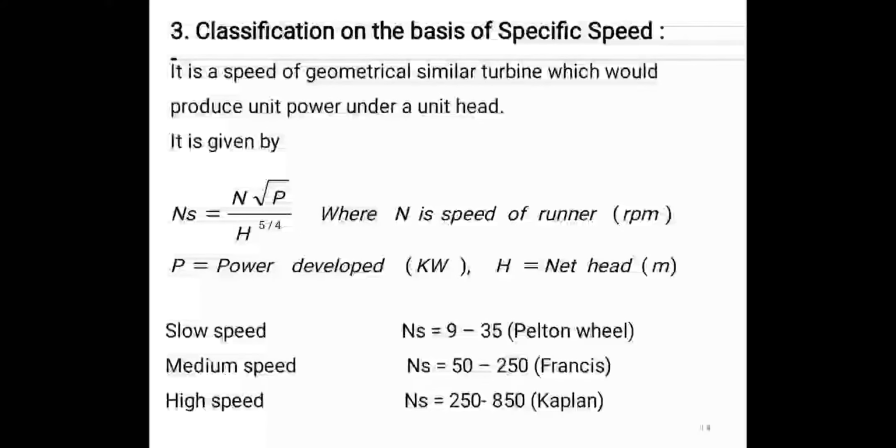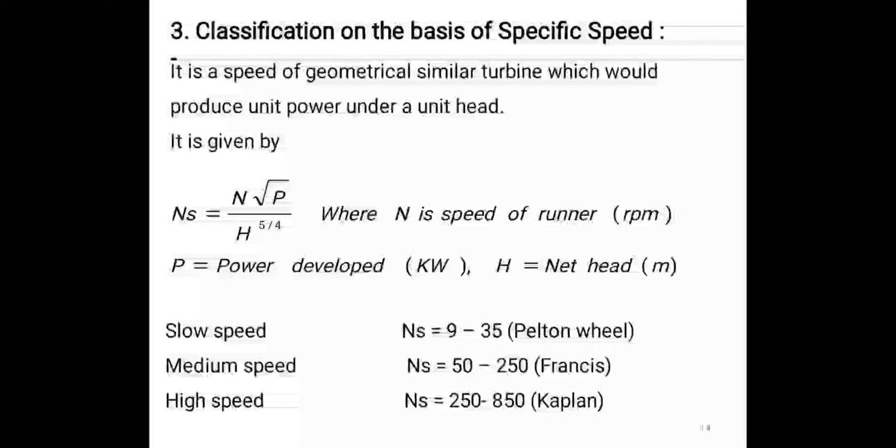The classification is first slow specific speed, where specific speed is in between 9 to 35 rpm. The example of slow speed is Pelton wheel.